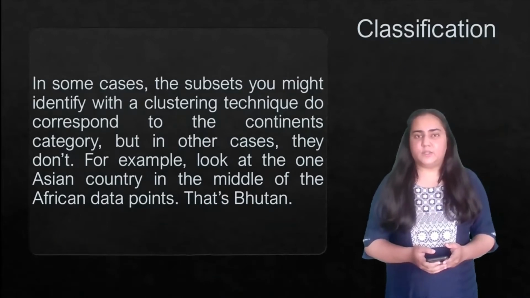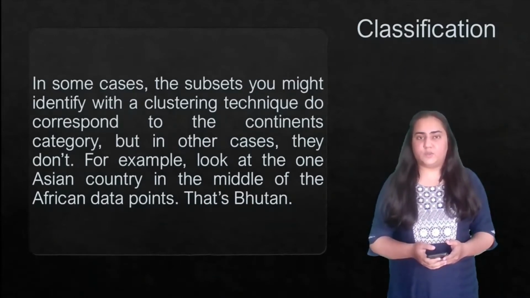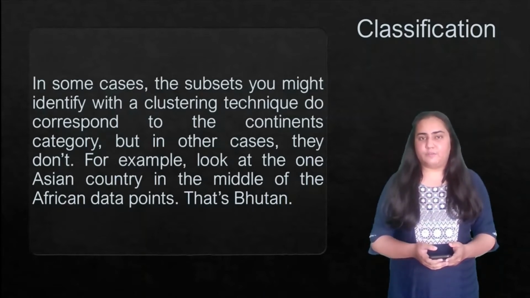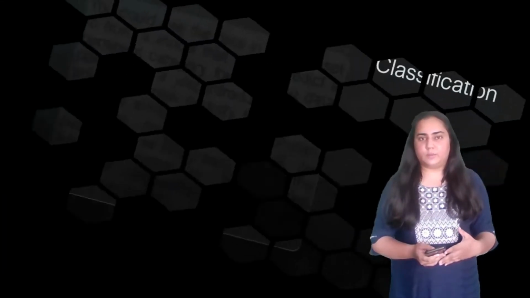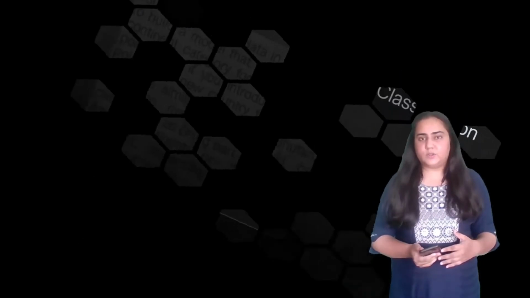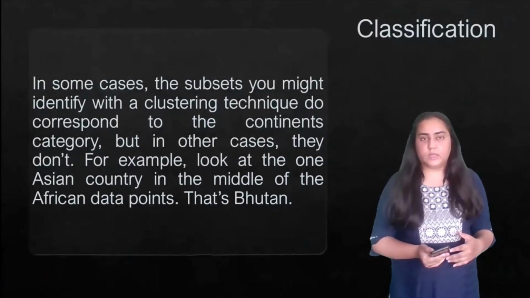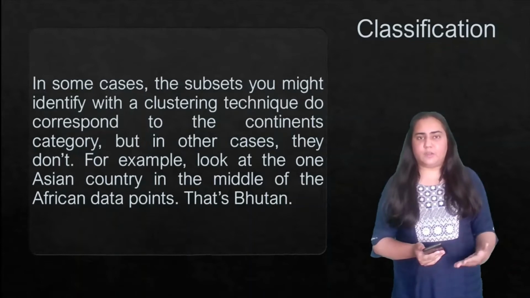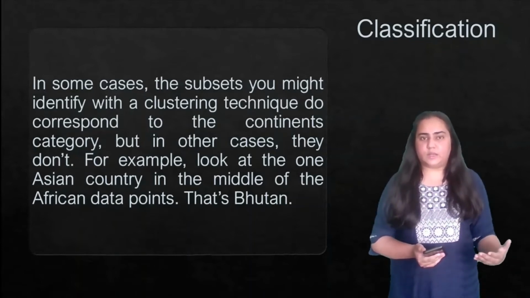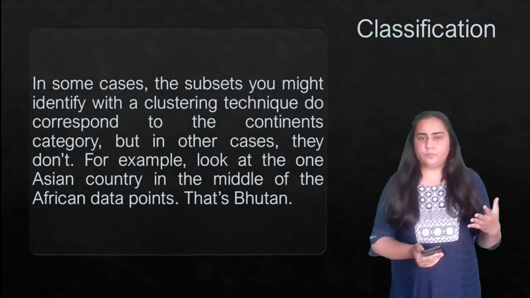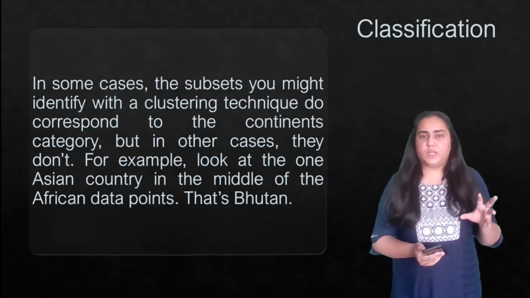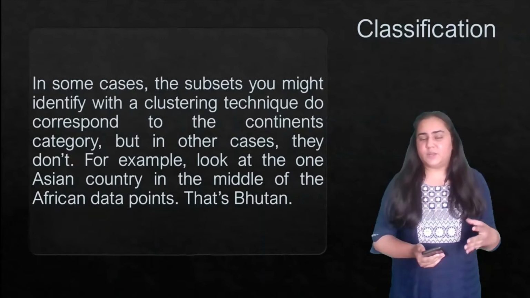In some cases, the subsets you might identify with a clustering technique correspond to the continent category, but in other cases, they don't. For example, look at the one Asian country in the middle of the African data points, that is Bhutan. Sometimes what happens is you have a clustering technique, and while dividing things, they can fall into a proper category, but sometimes they may not.